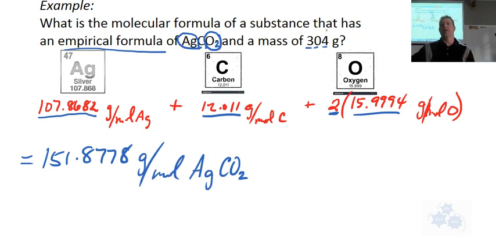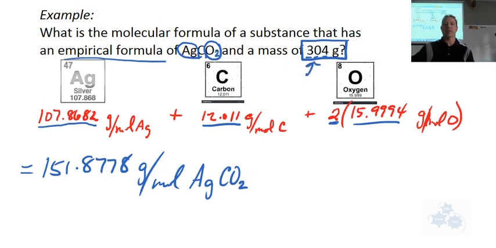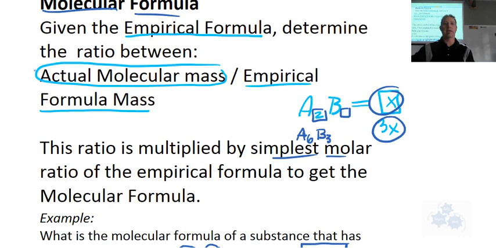Now, of course, the question says the actual molar mass of this compound, or the molecular mass of the actual molecule with whatever subscripts the actual molecular formula has, is 304. So, as our notes dictate above, we simply take the actual molecular mass and we divide it by the empirical formula mass.